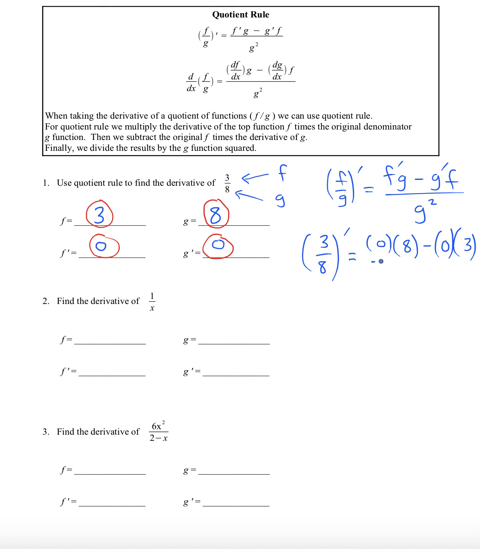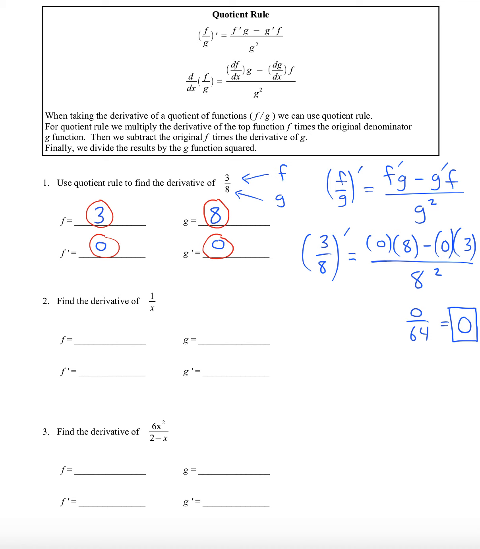Okay. To finish it off, we will divide by the original denominator squared. So as you can see, this comes out to 0 over 64, which is 0. And so, yeah, the quotient rule in this case was in agreement with what we thought it should be.